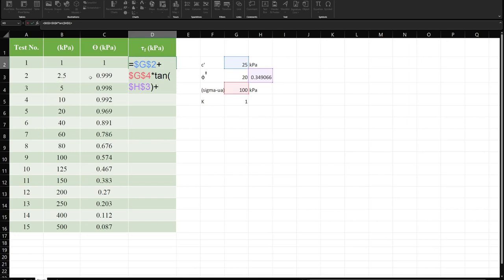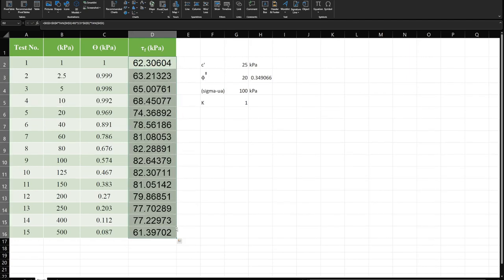UA minus UW is matrix suction, that will be this point 2.5, and then we'll multiply it with theta to the power k. The value of theta is provided here, so we'll just put a bracket here, then we'll put the value of theta to the power, the value of k is here, so let's lock it, and finally we'll multiply it with tan phi dash, again the phi dash is here, lock this one too, and we are done. So here we obtained 62 point something.